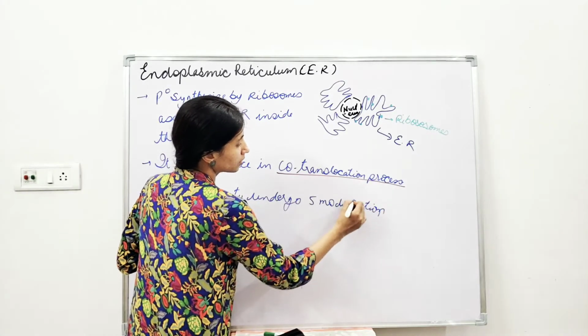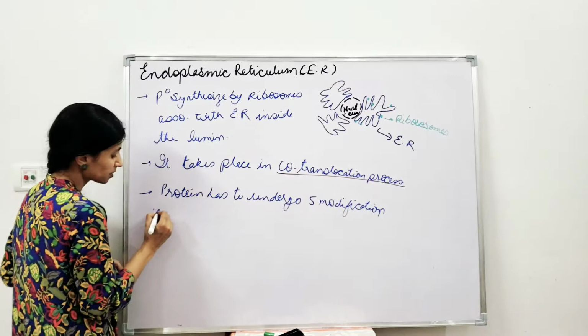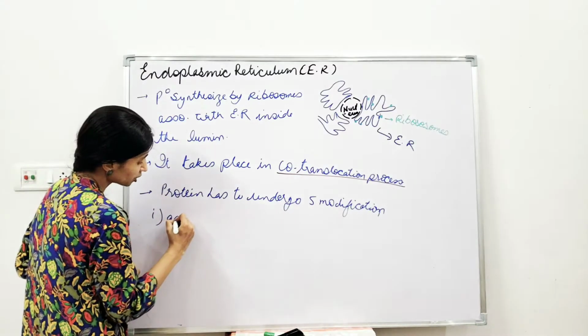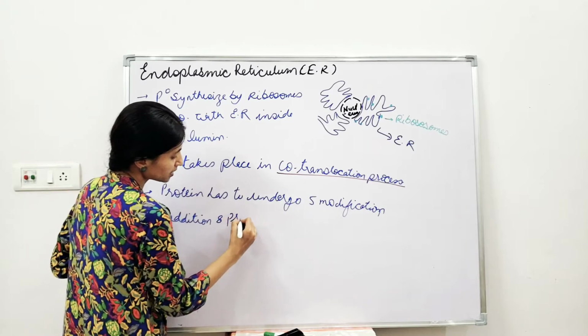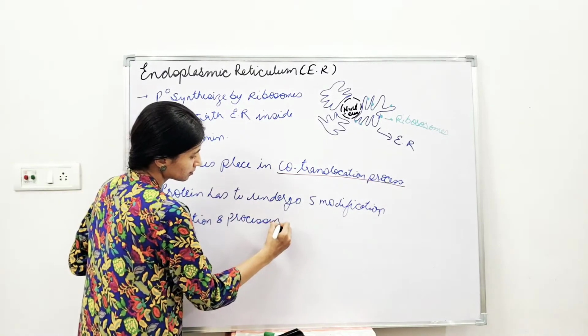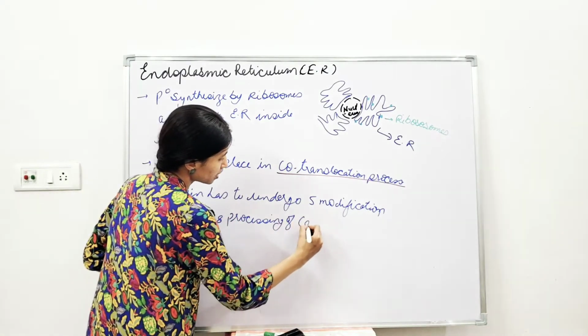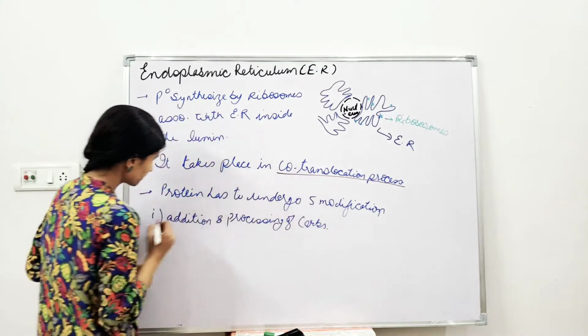What are these 5 modifications? First one, addition and processing of carbohydrates, carbs.